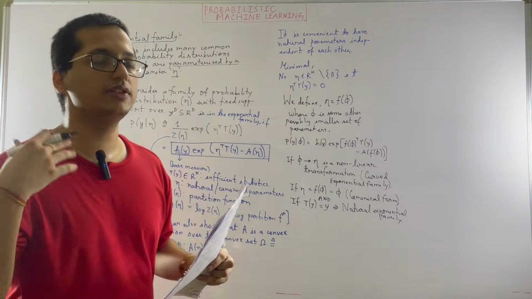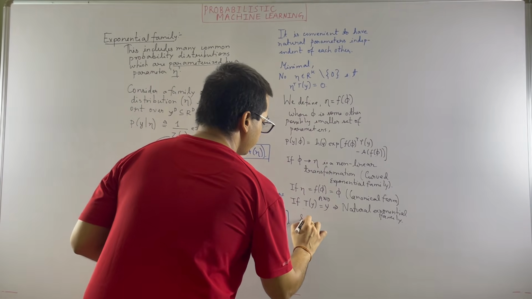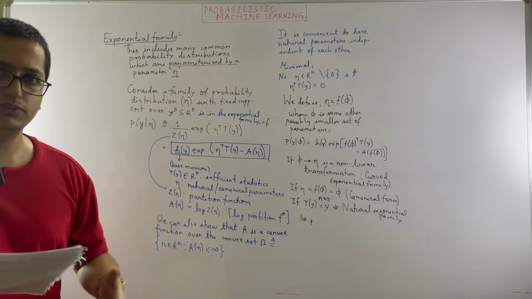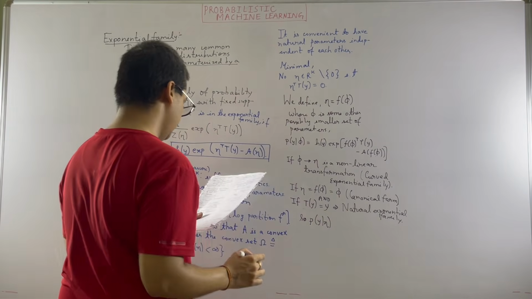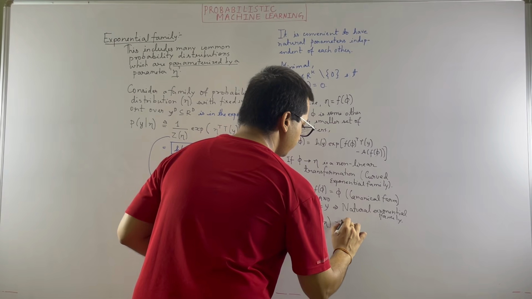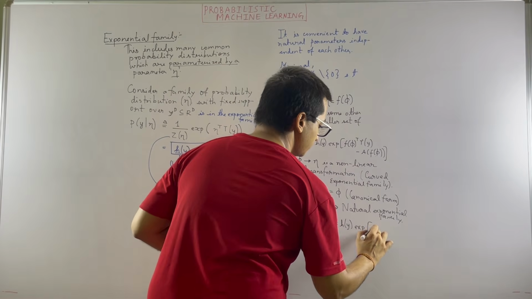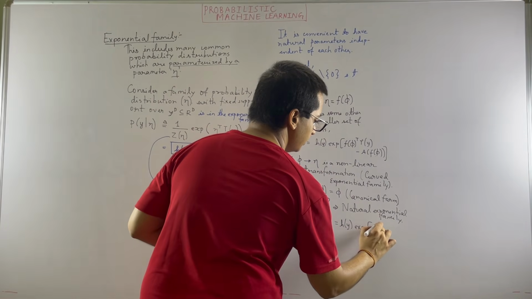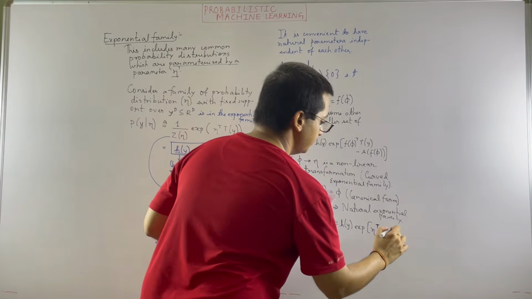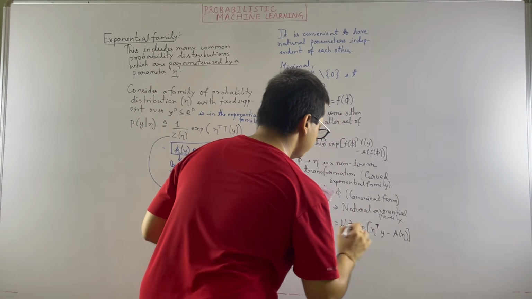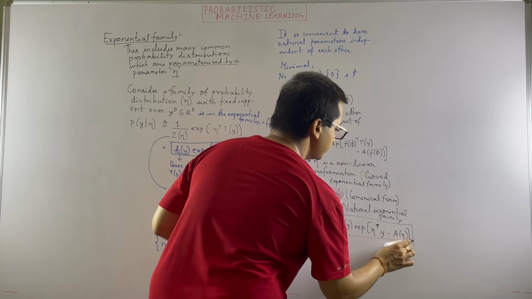The density of the distribution, my probability distribution, becomes equal to h of y times exponential, e raised to eta times T of y, which is the same as y, minus a of eta. Now you will see that we can do very interesting things with this equation.